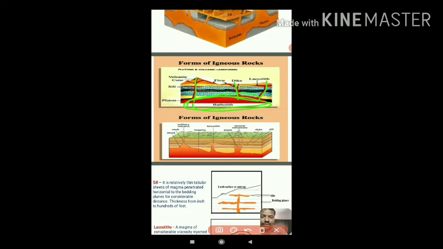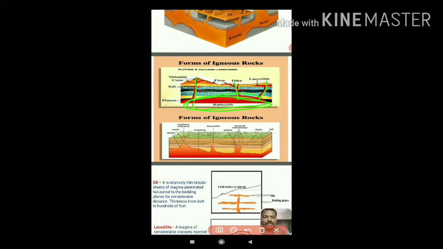From the batholith, all the igneous intrusions, that is dike, sill, laccolith, lopolith, phacolith, and bysmalith, are seen. If fractures occur over the batholith due to the pressure of magmatic material, they form the different concordant as well as discordant forms. A batholith is a very huge mass of magmatic intrusion within the earth's crust.